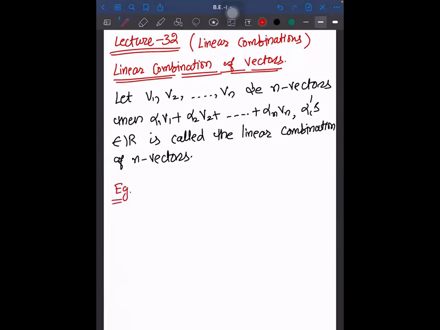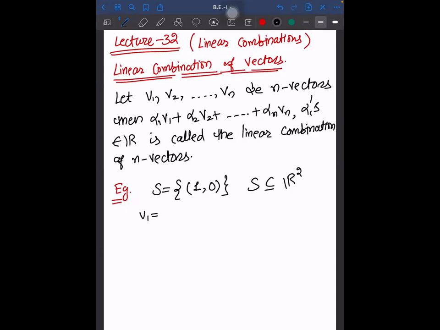Okay. So I have S to be just one vector, (1, 0). So of course, S is a subset of R2. Let's say I call this vector V1, so I have only one vector V1.